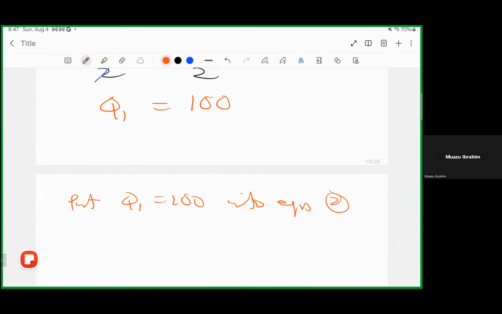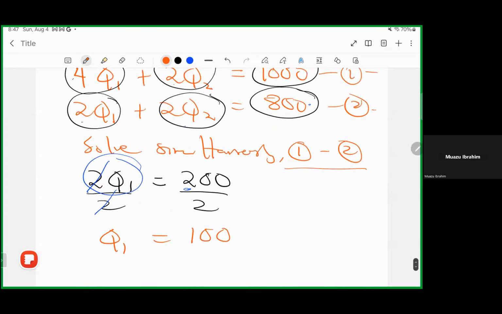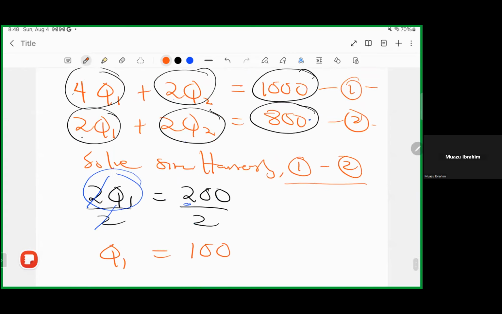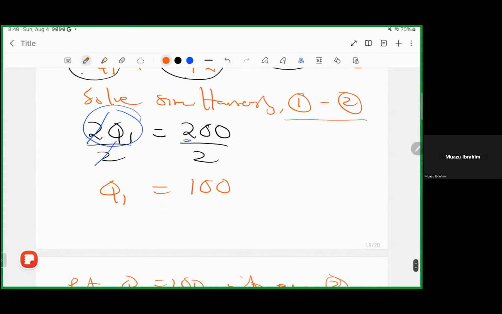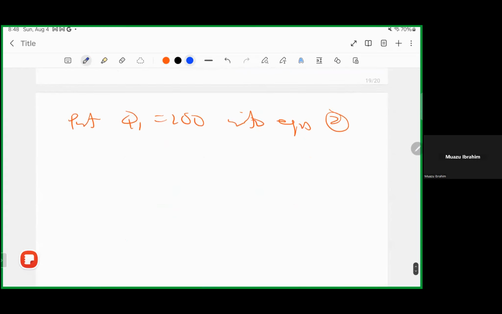And we are looking for the next one, which is output 2. So we put the Q1 into either equation 1 or equation 2. Let's assume we put it in equation 2. Equation 2 is 2Q1 plus 2Q2 is equal to 800.